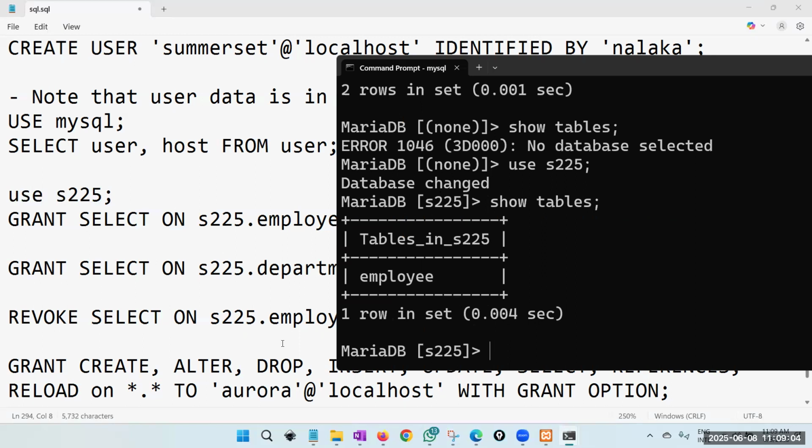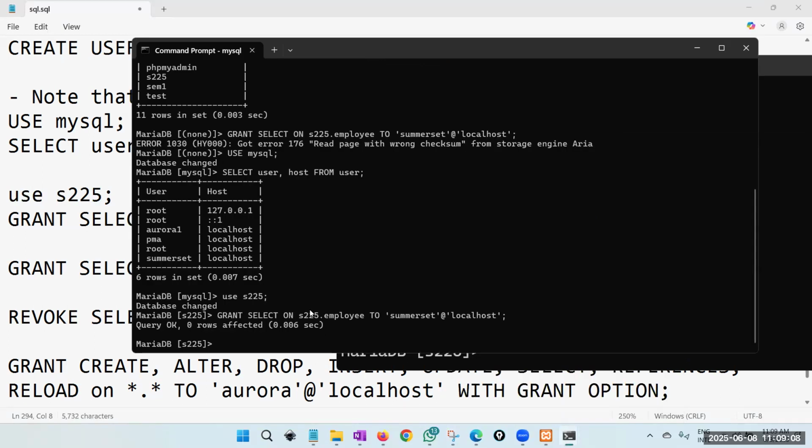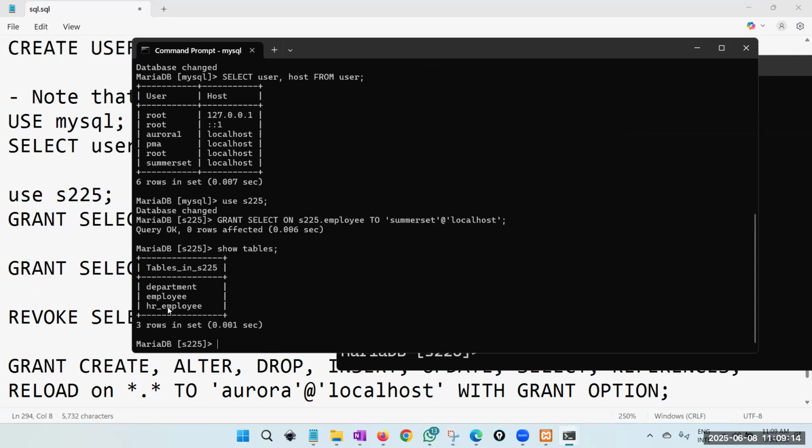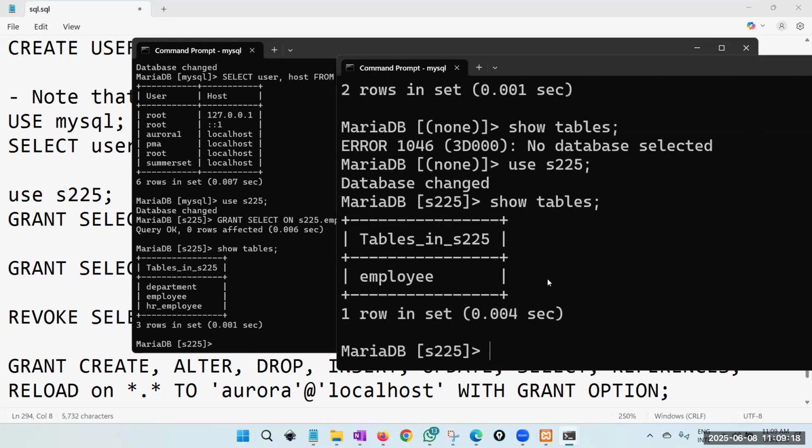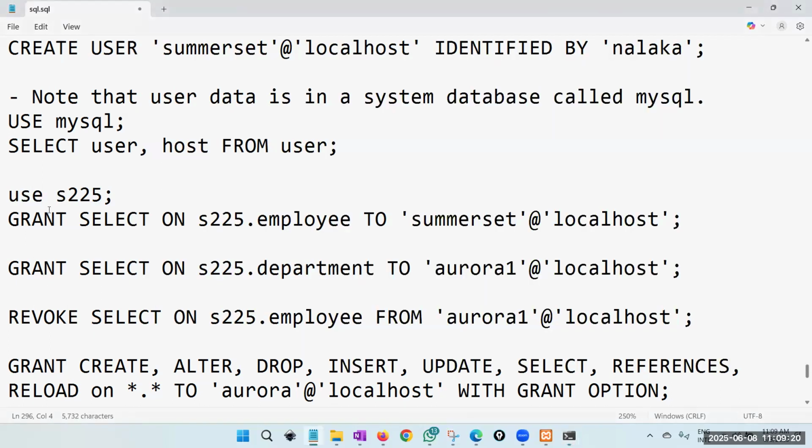Actually, there are two tables. Right. But for admin, if I say show tables, we have not only the tables, we have the view also. But this guy is given only select access to the employee table.